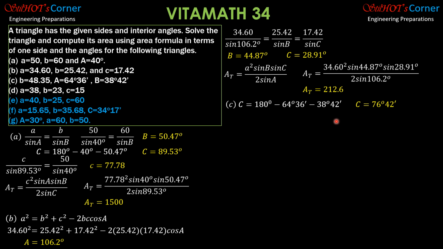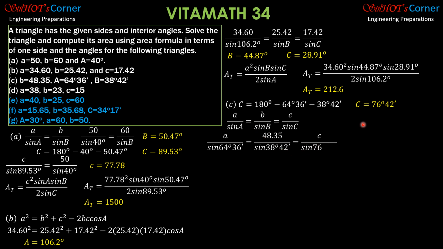Then by the law of sines, which is safe here, A over sine of A equals B over sine of angle B equals C over sine of angle C. And A is unknown. So A over sine of 64 degrees 36 minutes equals 48.35 over sine 38 degrees 42 minutes equals side C over sine 76 degrees 42 minutes.